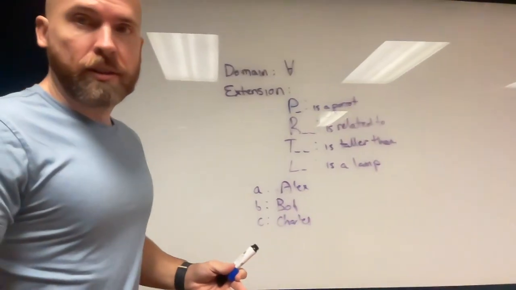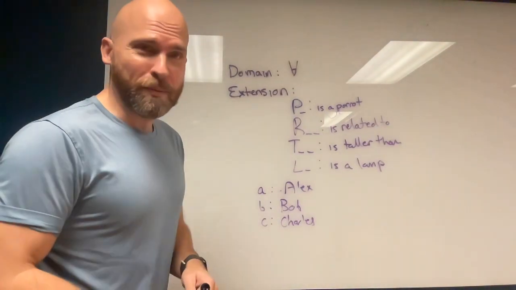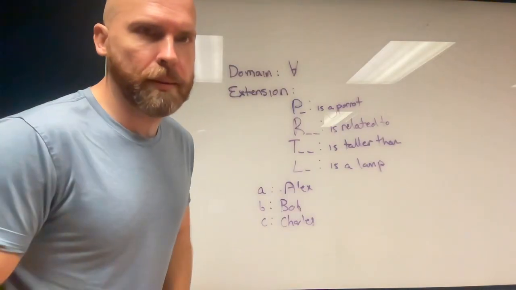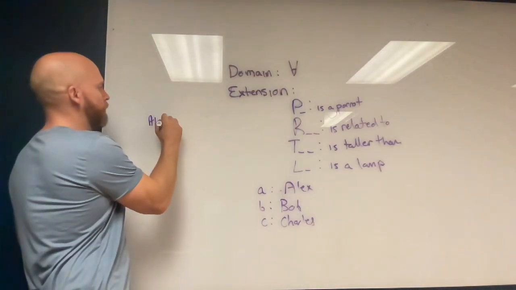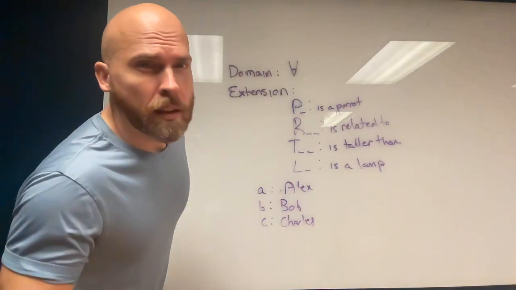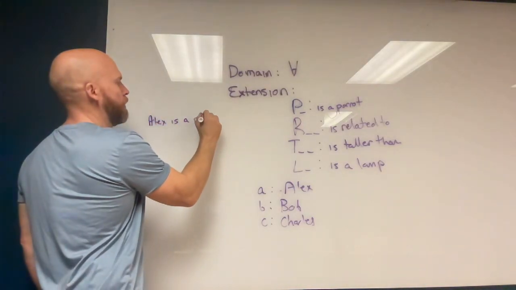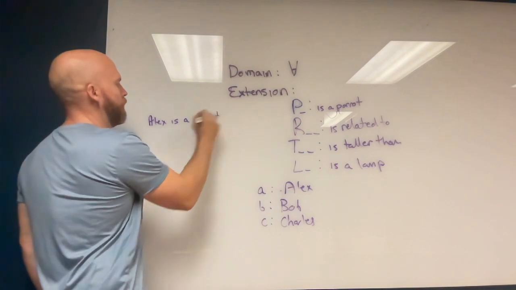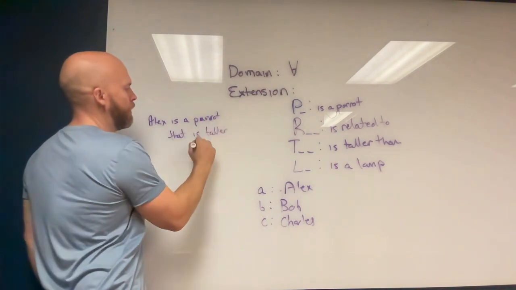Okay, here's our setup. We also have some facts here we want to put on the table. So Alex is a parrot that is taller than Bob.